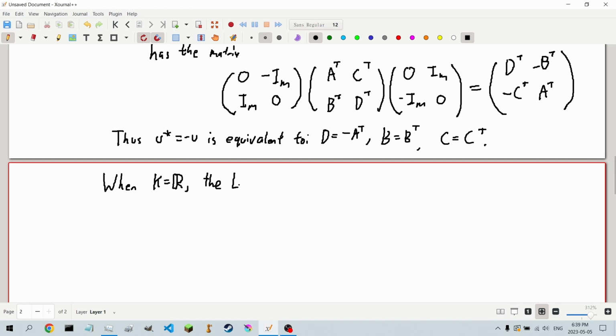And here, the algebra when K is R is the real symplectic Lie algebra. Alright. And so these are two subcases of our first example.